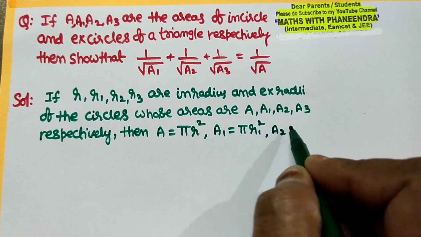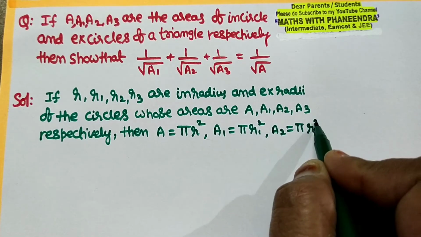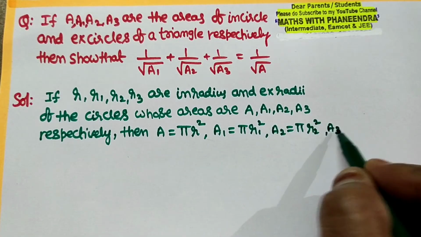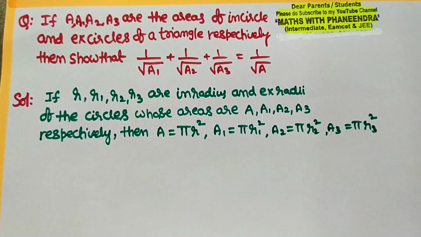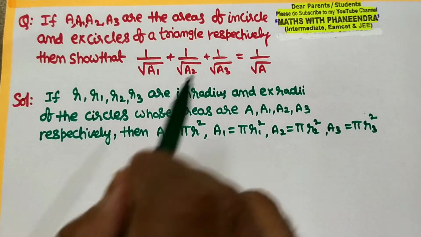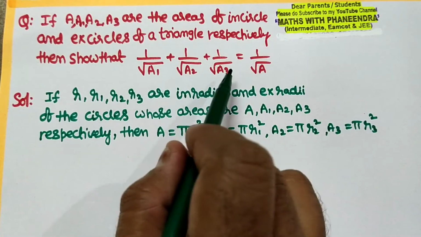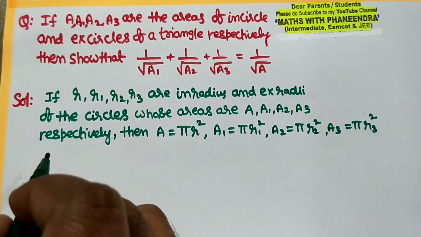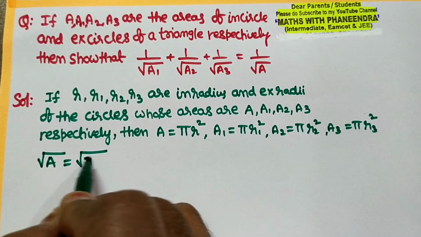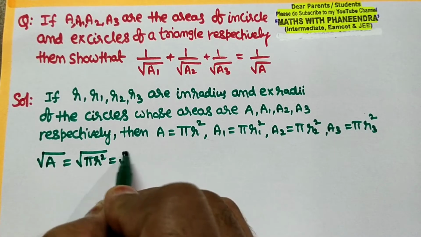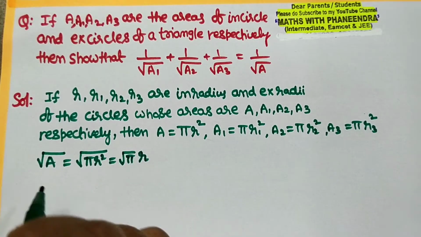A2 equals pi r2 square. A3 equals pi r3 square. After that, we want root of A, root of A1, root of A2, root of A3. So I am calculating root A equals root of pi r square, so it will become root pi into r.